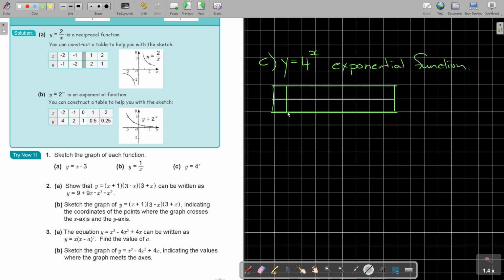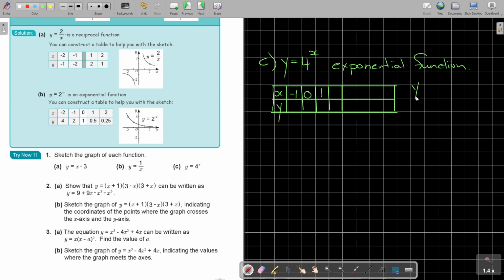Okay, so this is x, this is y. And now I'm going to construct my table. So I make this -1, and I can make this 0, and I can make this 1.